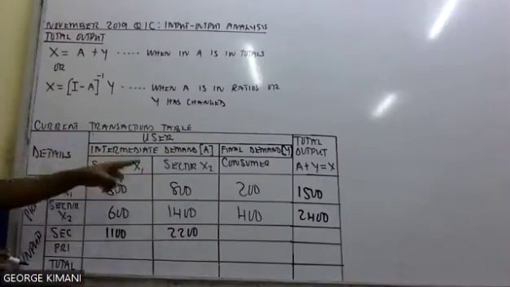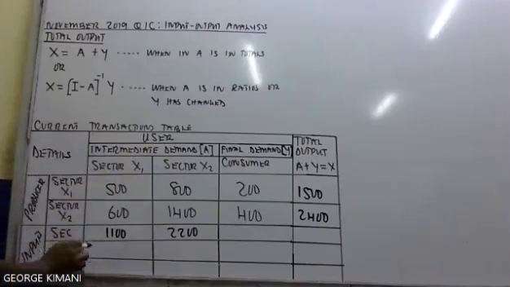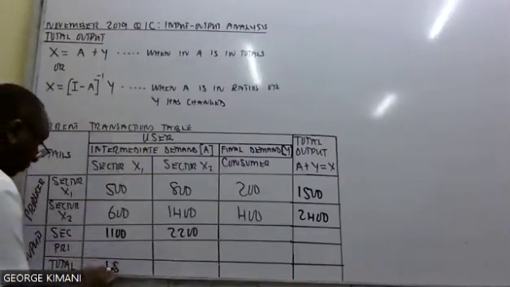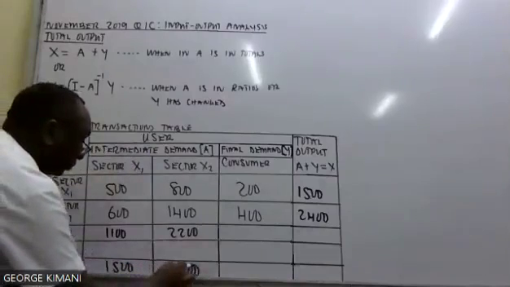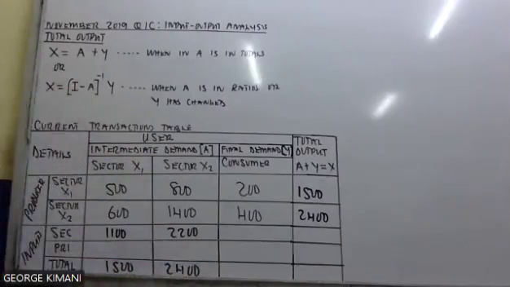So sector 1's output is the same as the input here, and the same case here. The value that remains for the secondary to be equal to the total is what you call the primary.